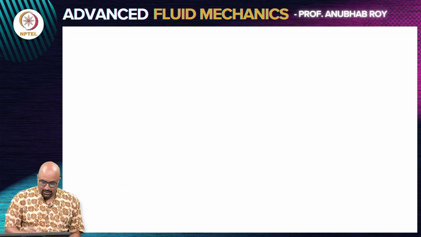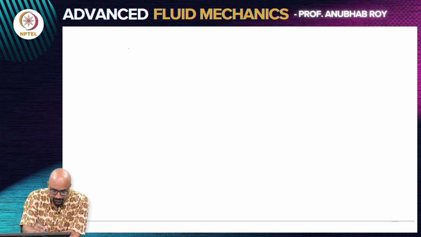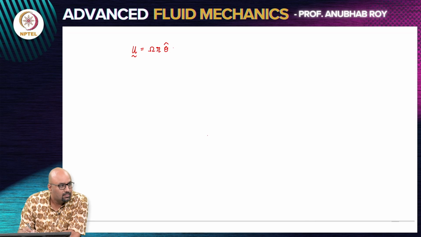Now, we will consider two problems. In the first problem, I will have a velocity u as omega r theta cap. So, what is this?